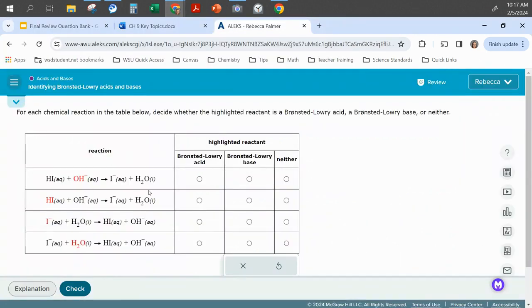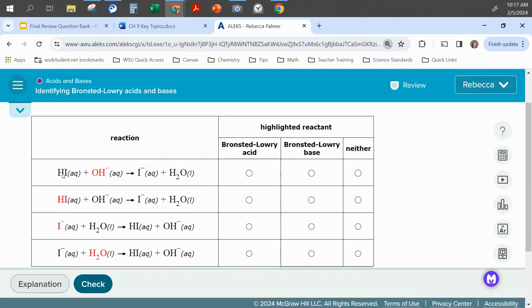Okay, so we have this problem up here. We have HI and OH, and we end up with I and water. First look over here. We have HI, and now we have I. So what happened here? This HI gave away the proton, right?